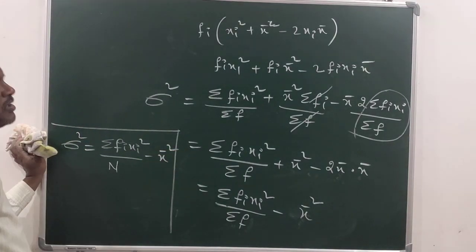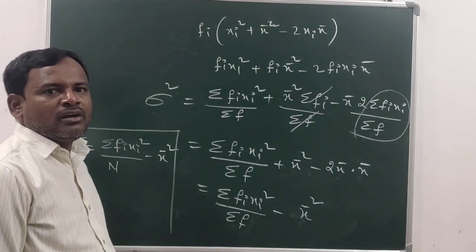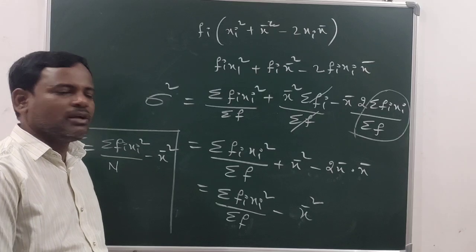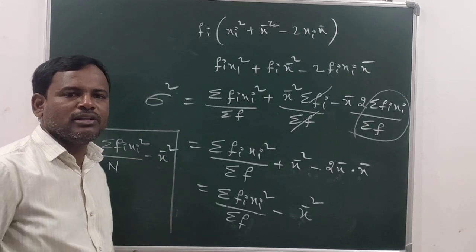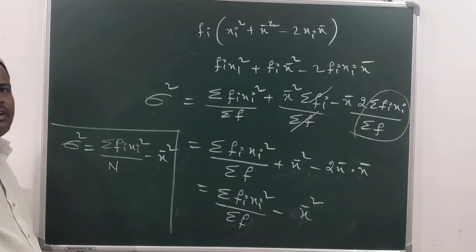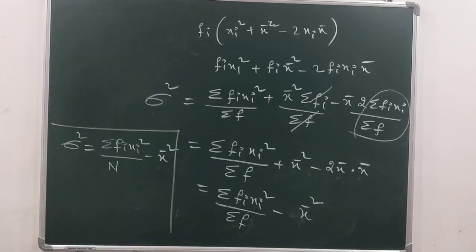We have various formulas to find x bar, based on the data. If it is grouped, apply the grouped data formula to find the mean. Prepare the mean aside and substitute here, so that you will get the variance. Okay students, I hope you have understood this explanation.